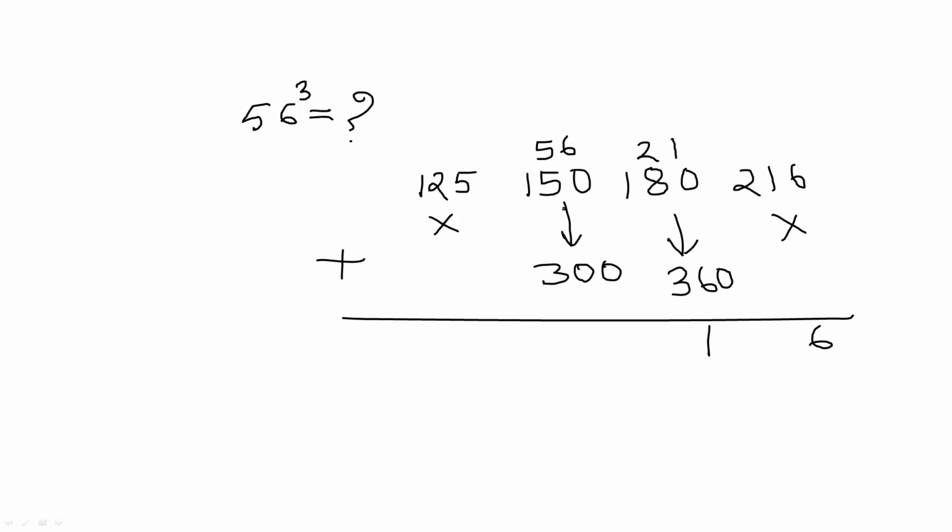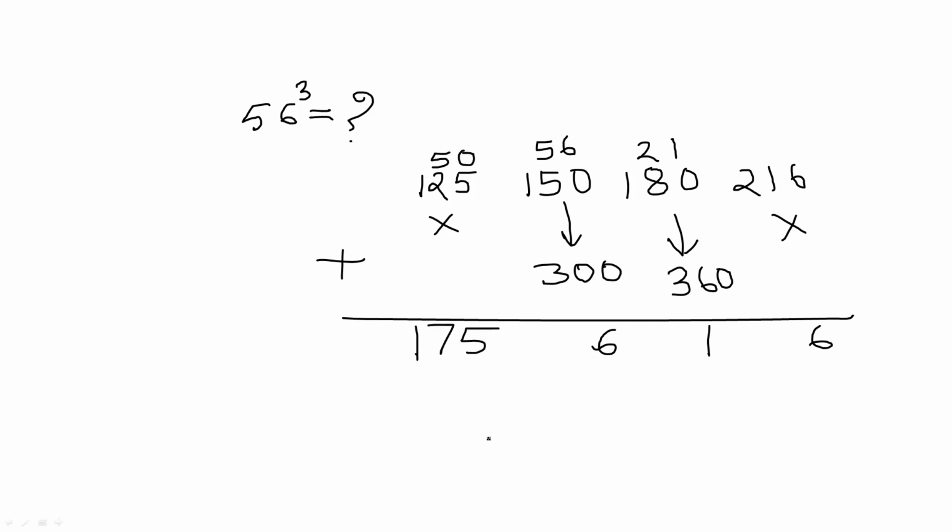Now 300 plus 150, 450. 450 plus 56, then 506. So 506, 6 will be here, and 50 will be carry forwarded. So after adding, what am I getting? 125 plus 50, 175.